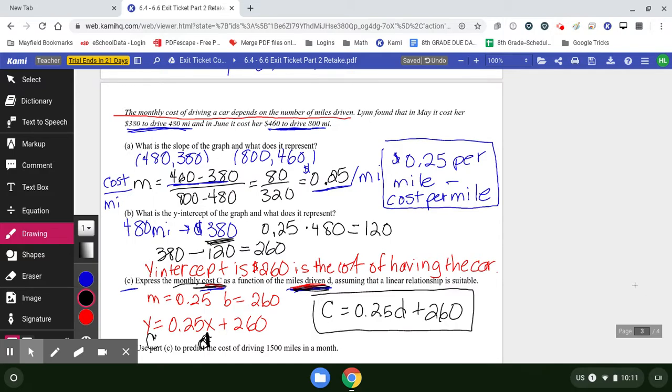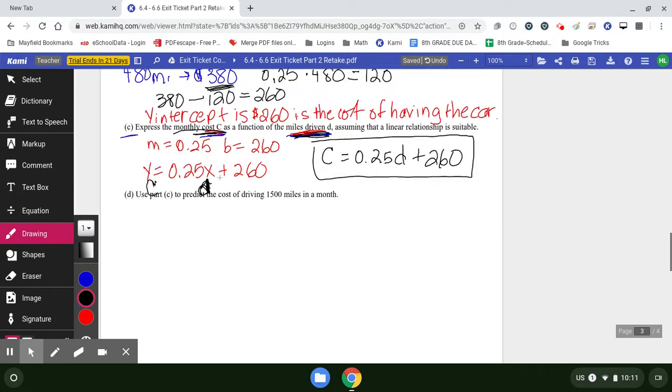Now there's one more part to this last one that I added. Use part C to predict the cost of driving 1,500 miles. So if I use my equation, C is 25 cents per mile plus the 260.